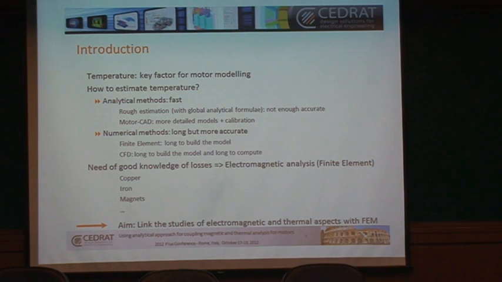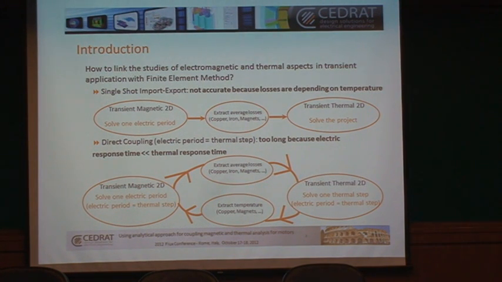One of the things you can do is a single-shot type of work. You compute a transient magnetics, either a steady-state transient, computing until you reach steady state, or maybe an AC steady state. But the transient is the most important, because I want to know the temperature as the machine works.